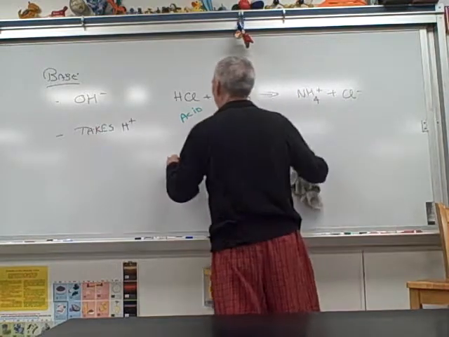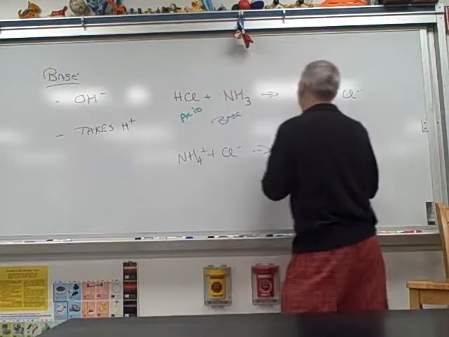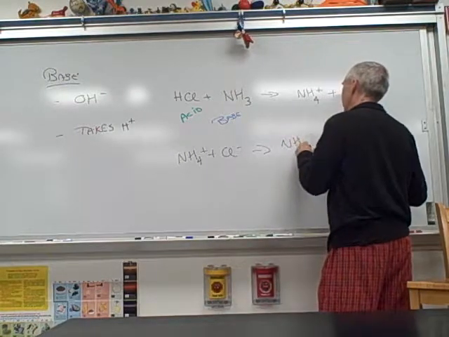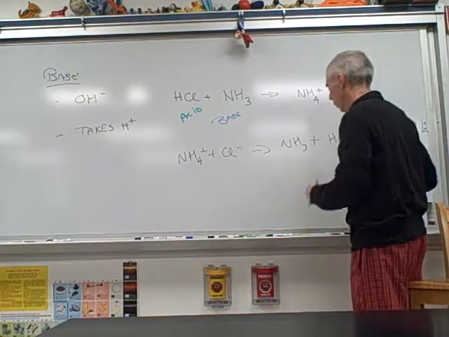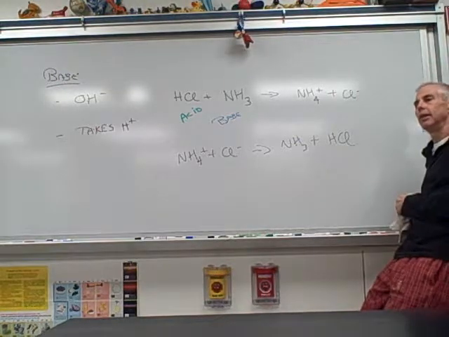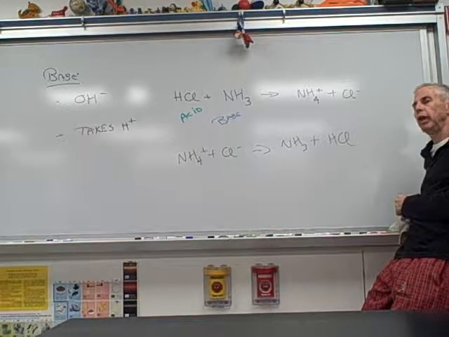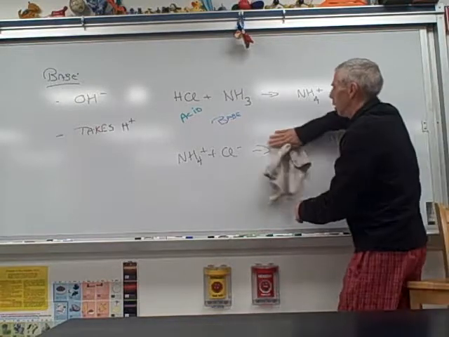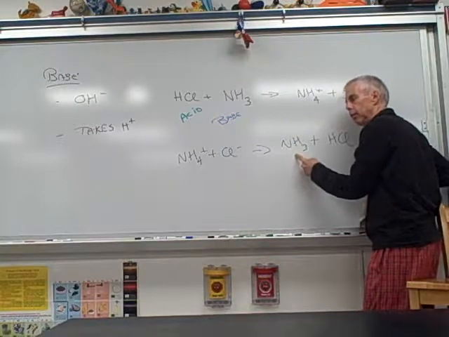Now watch. What if I reverse the reaction? This doesn't happen freely. Which one of these acted like an acid? Which one gave away an H? NH4. NH4 became NH3. Agreed?